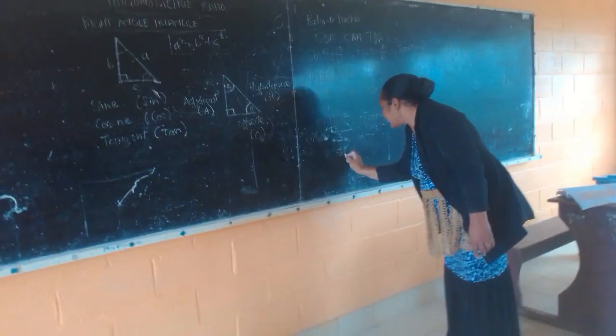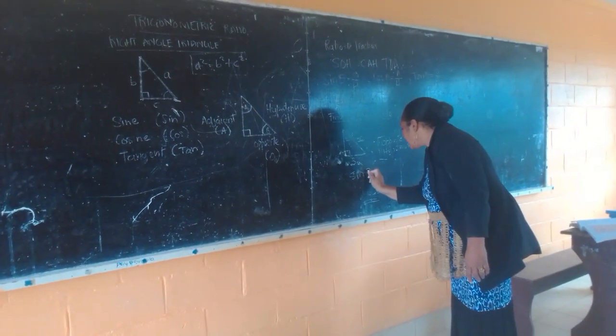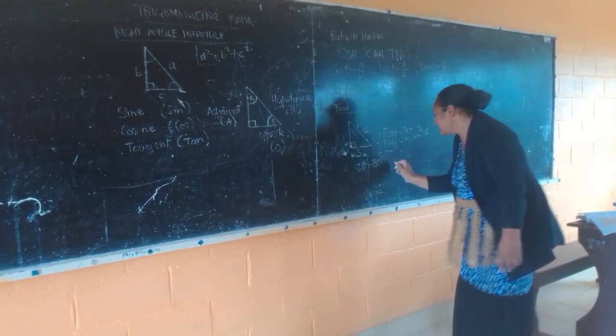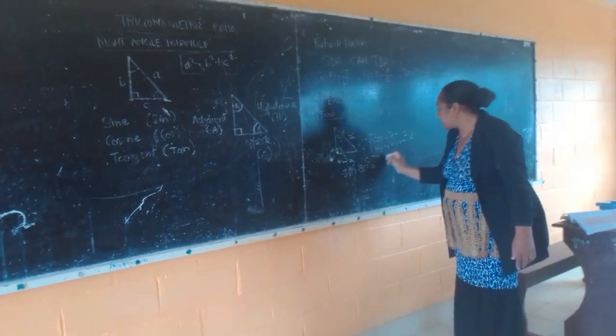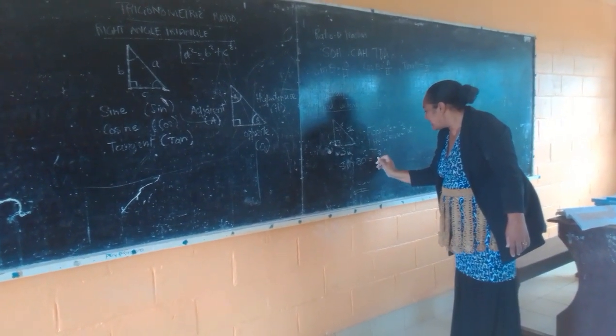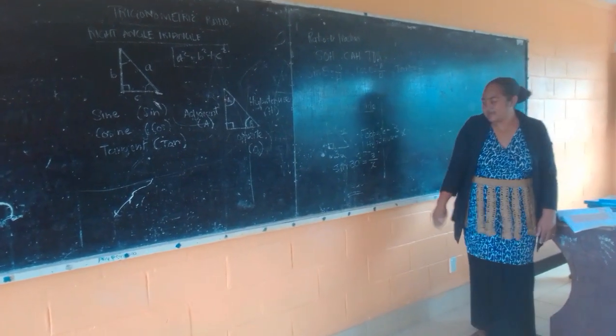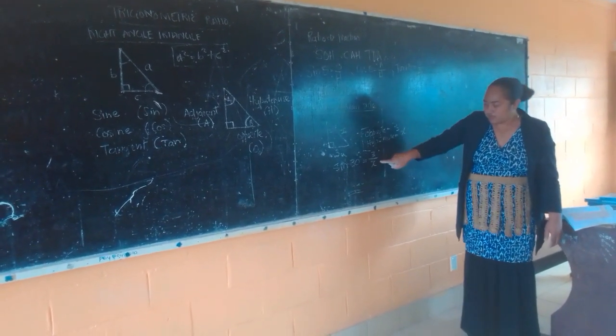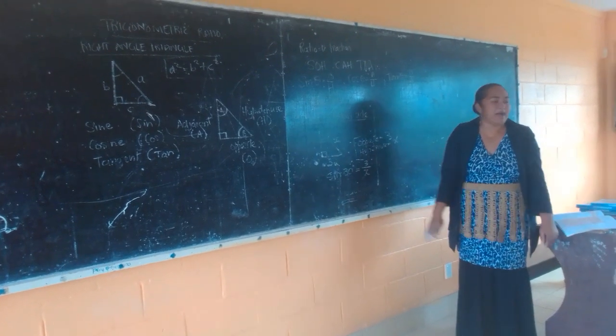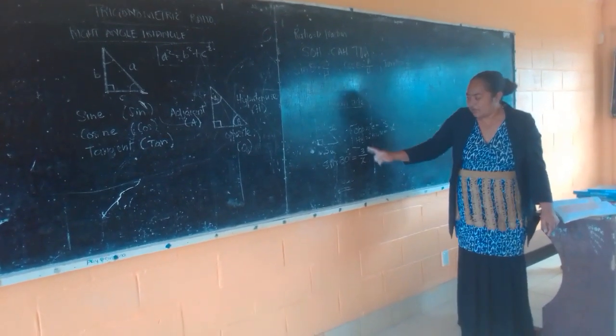Okay, we have to use sine. So the ratio is sine of the angle 30 equals opposite, which is 3, over hypotenuse, which is x. See, this is how you write it. If you put that in your exam, you already got a mark before we even calculate.